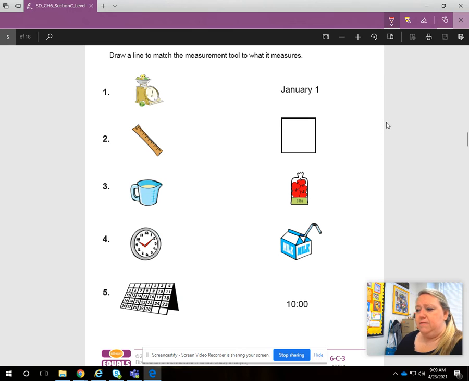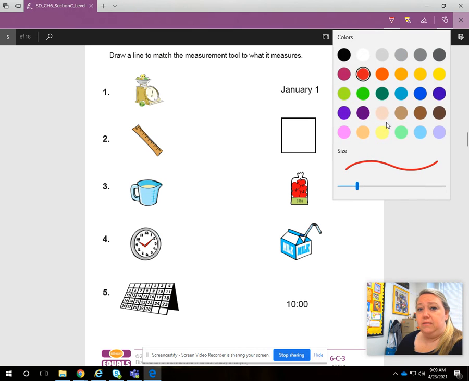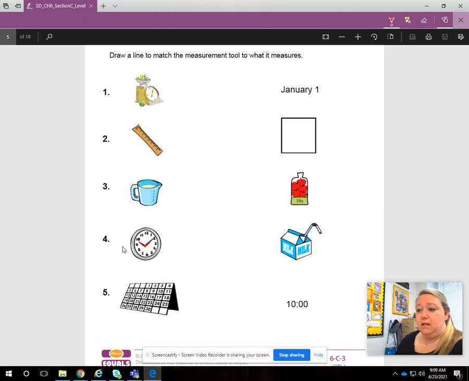I'm a little confused because this program last time was telling us that a clock right here and also a calendar are not really measurement tools, but now they're saying that they are. So I'm a little bit confused. I thought that they were the first time that we talked, and then the last one was saying that they weren't.